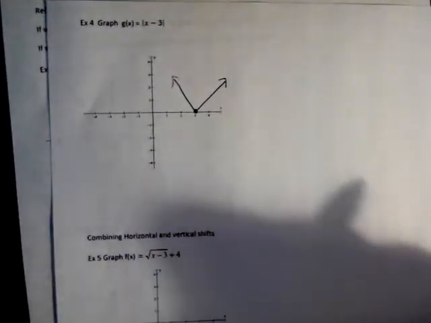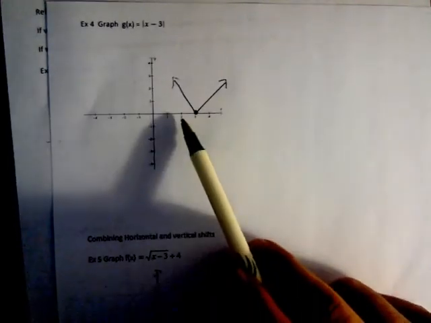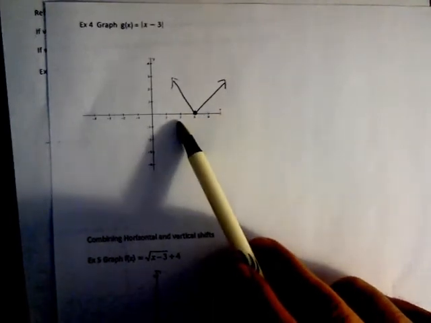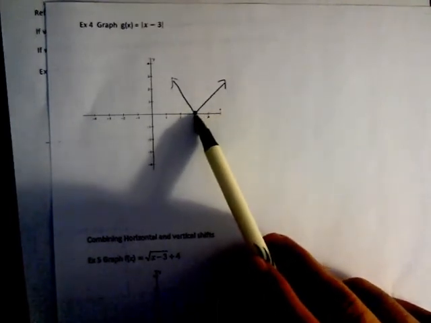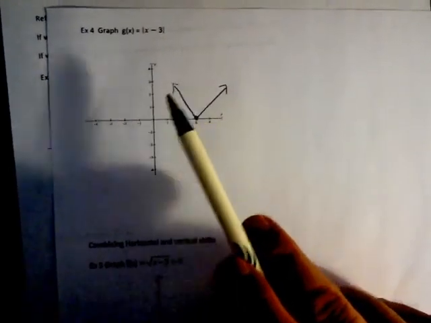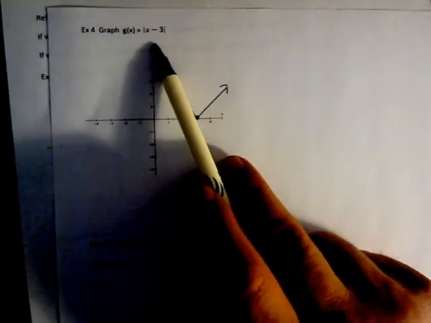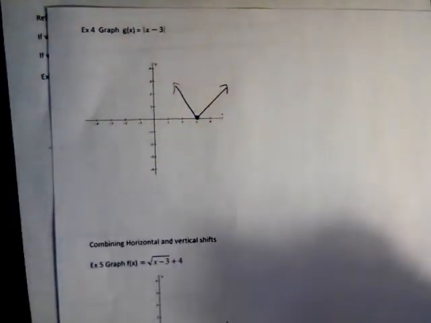This is a kind of a shortcut way to graph functions without creating a table of values. So we're not worrying about when x is 4, when x is 2. We're just shifting the 0, 0 point and redrawing based upon whether this is a vertical or horizontal shift.